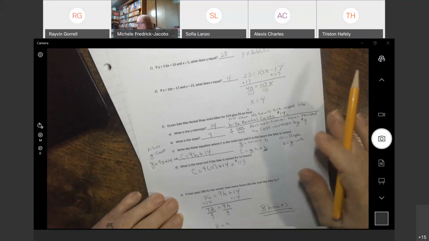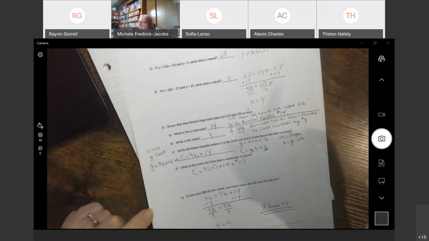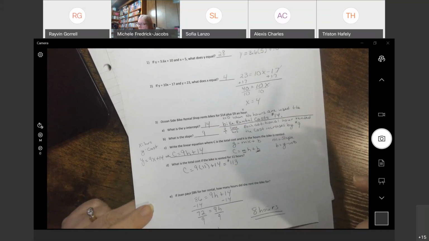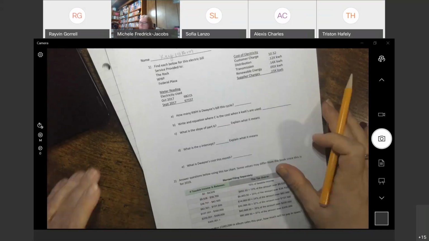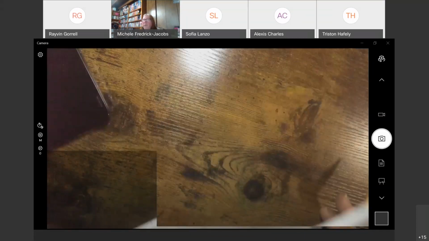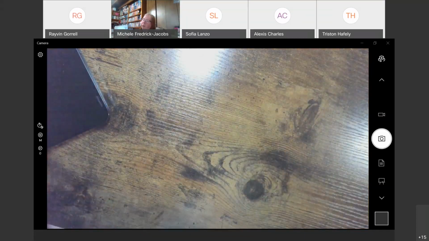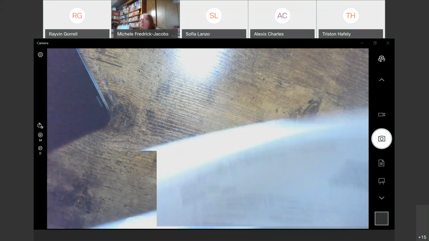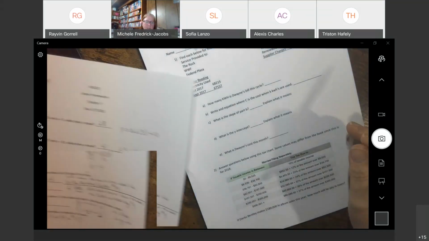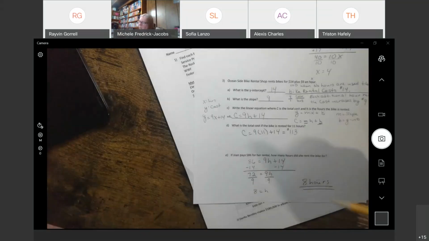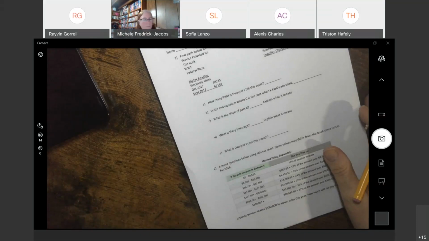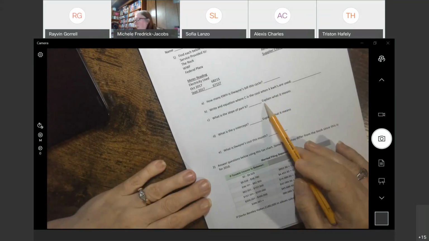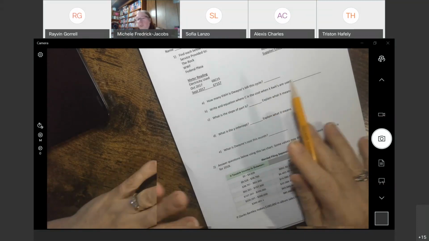But you don't have to write out sentences on this one. Rule of thumb, if it is a story problem, you should write a sentence. But I didn't on these ones, so I'm fine without. When there's blanks, unless it says explain, you just fill in the blank.